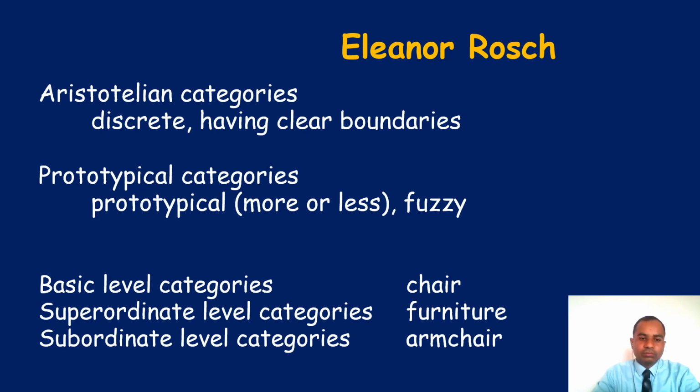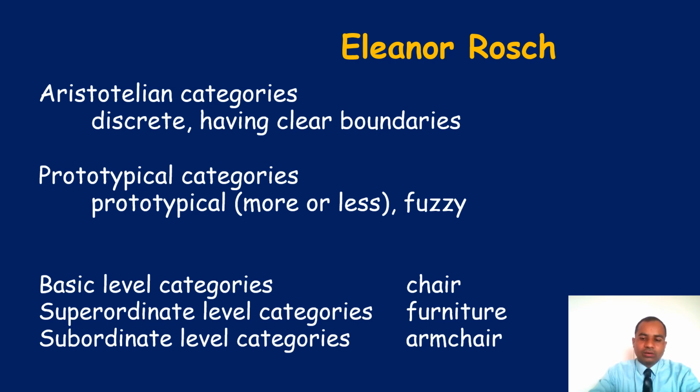So some categories are more prototypical and some are less prototypical, more central and less central. So the boundaries between these categories are fuzzy, as you have seen in the earlier slide, that is color. There are no clear boundaries between these shades of different colors, but they are fuzzy, so they coincide.